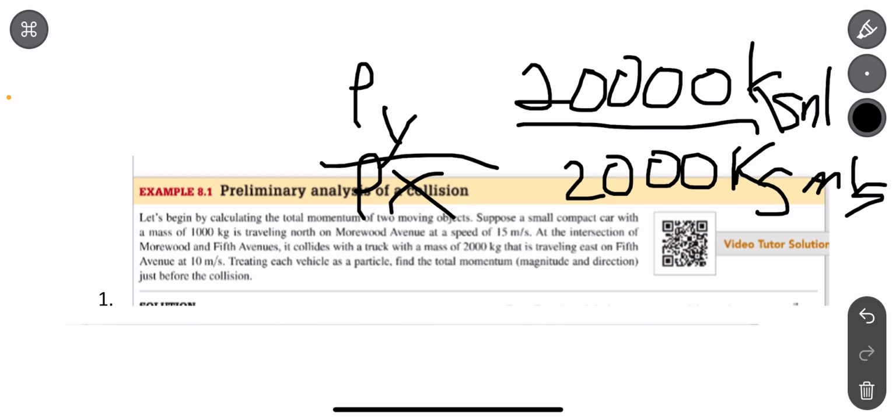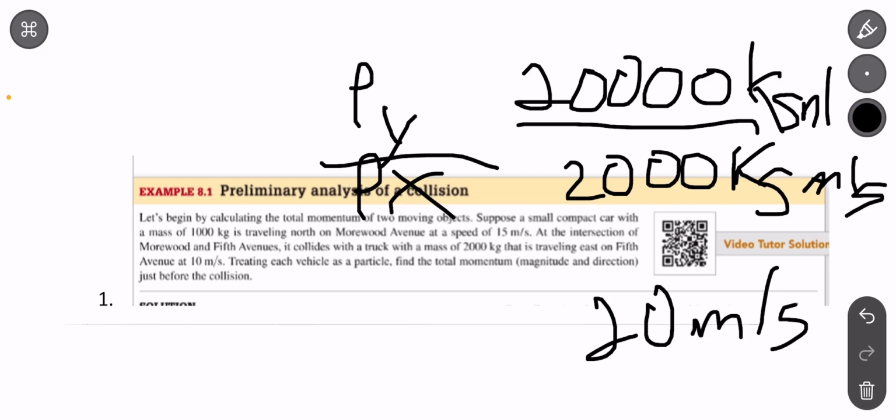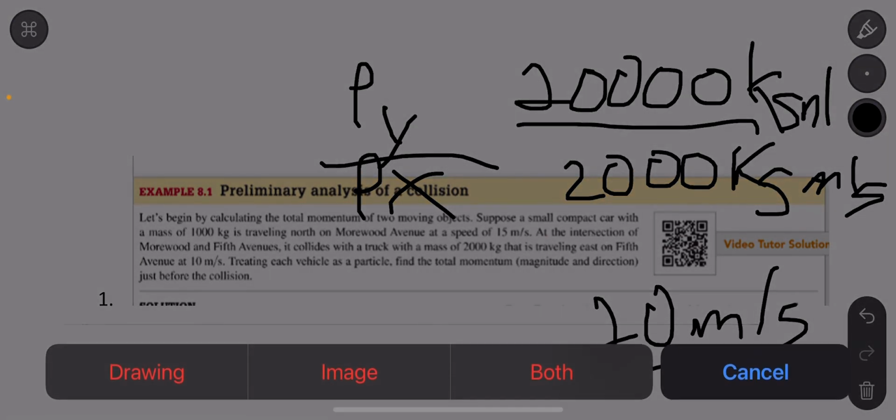That's just going to equate down to practically 20 meters per second. You might get a more specific calculation depending on how you do these calculations, but it should be about 20 meters per second.